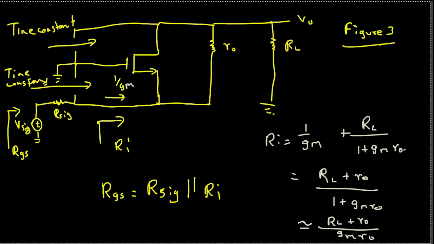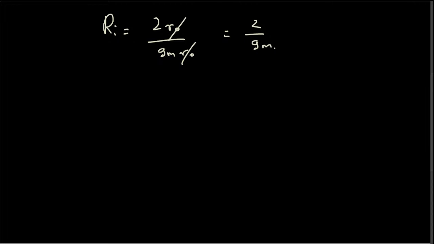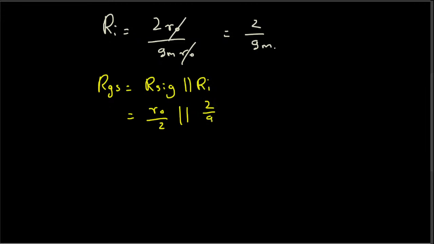So let's bring the expression again. As we seen before, RGS is nothing but Rsig parallel to Ri, and we just found out Ri to be 2 over gm, and Rsig is, as mentioned in the question, RO divided by 2. So RO divided by 2 parallel with 2 over gm, and when we have parallel resistance, the equivalent resistance is product over sum.